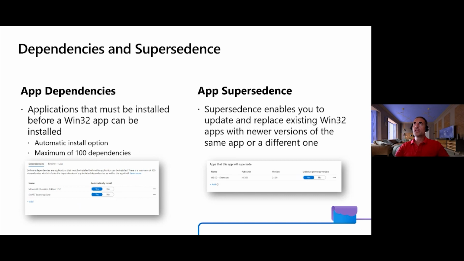And finally, you can define the level of notification to be shown to your end users and the level of interaction that you want them to have, and to install the application at a specific date and time.